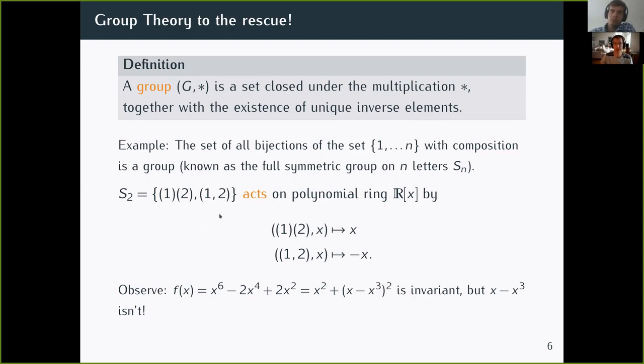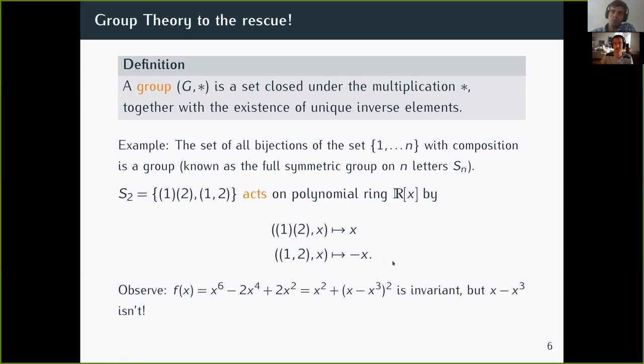We can say that this group acts, and this is a very important notion for groups. They act on objects, and this group acts on the polynomial ring. The identity, of course, sends everything to itself, but the non-trivial group element (1 2) sends x to minus x. When I say that this acts on a polynomial ring, that means I take this action and extend it to the whole polynomial ring.